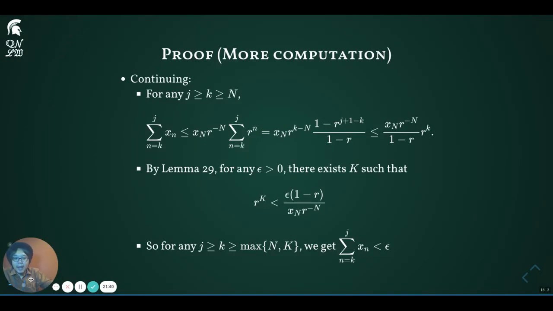So we can apply the Archimedean property of lemma 29 to make r to the power k as small as we need. Since j and k are arbitrary, if they are both bigger than some large k, then this guarantees that the sum from j to k is less than some epsilon.